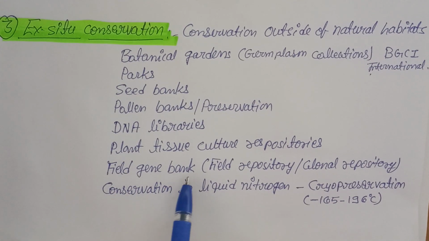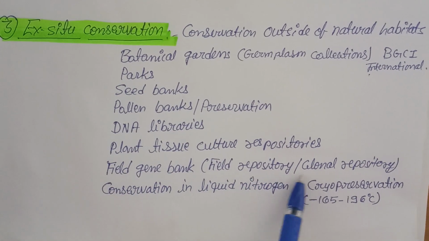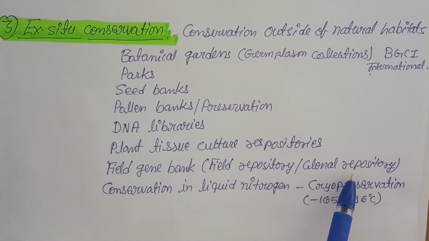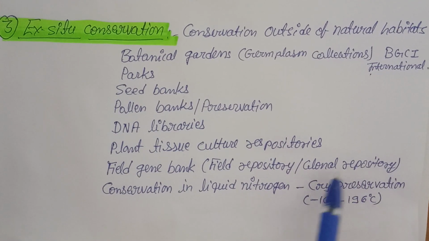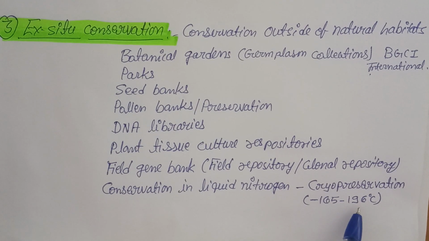Field gene banks also we can have, the field repository, the clonal repository, with proper temperature and pH maintenance, and we can preserve them for a long time, right? Then conservation in liquid nitrogen, cryopreservation, is a very important topic where we use minus 165 to minus 196 degrees centigrade, right?